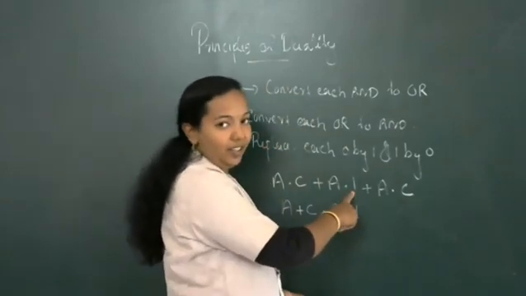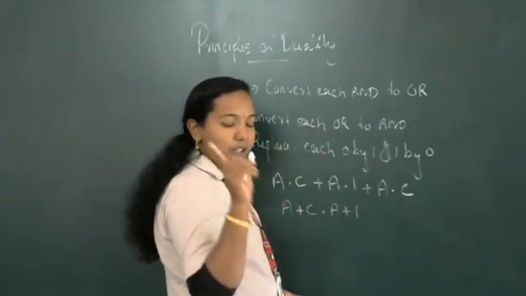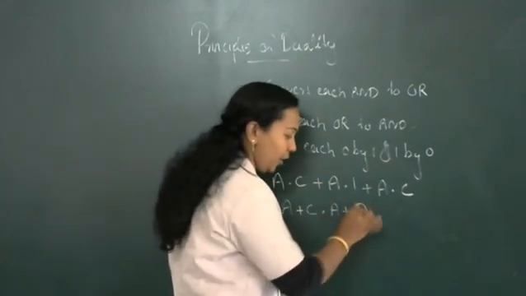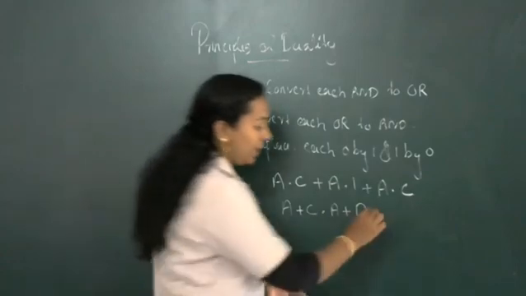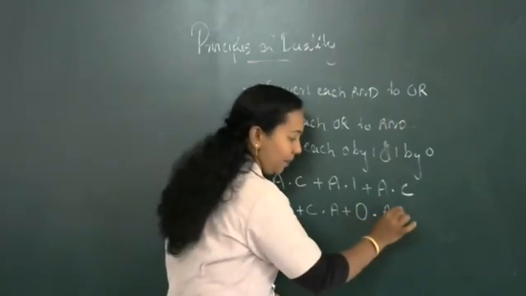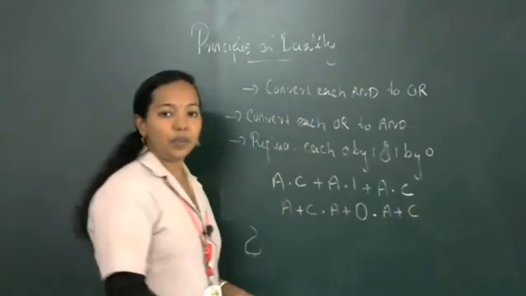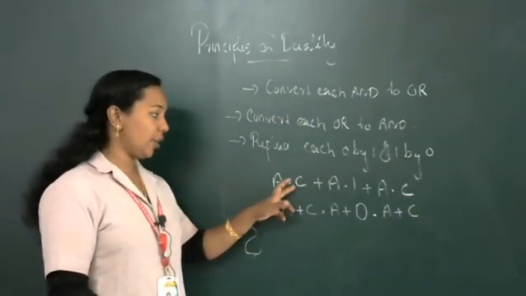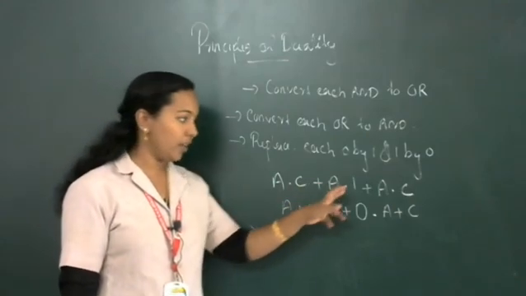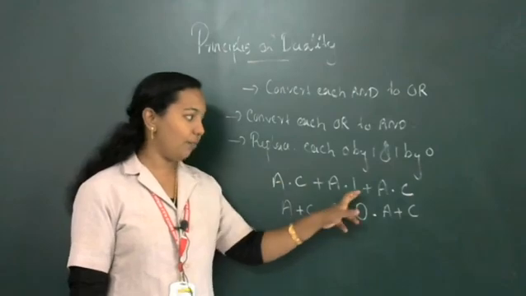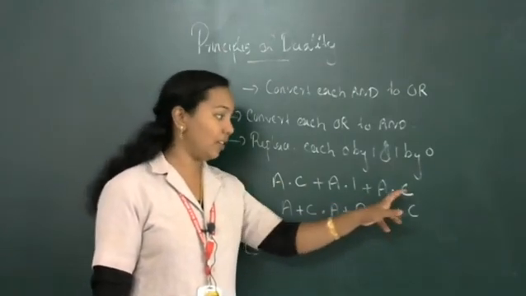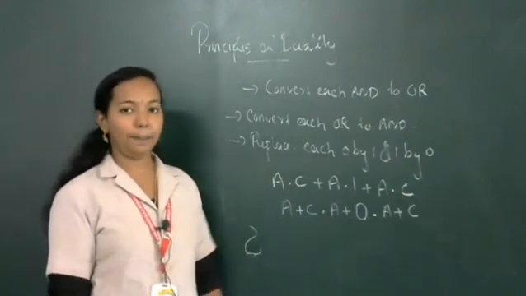Okay, what is the value here? 1. According to the principles of duality, 1 will change to 0. So instead of 1, you want to write 0. Then instead of plus, again dot a plus c. Just opposite: instead of dot operation, here it is plus, instead of plus, dot. 1 will change to 0, plus will change to dot, and dot will change to plus.